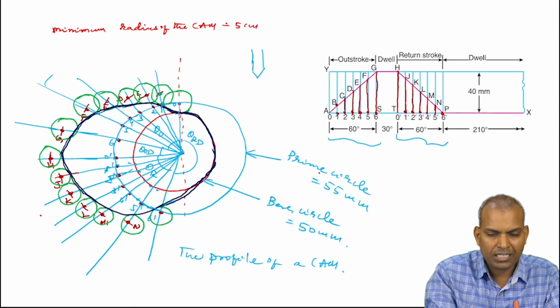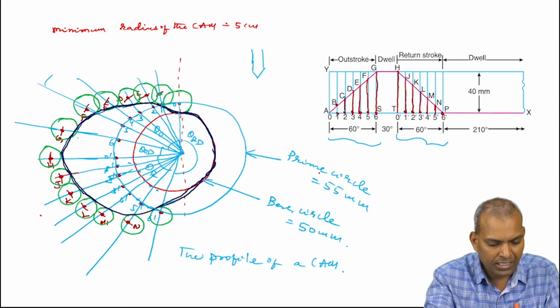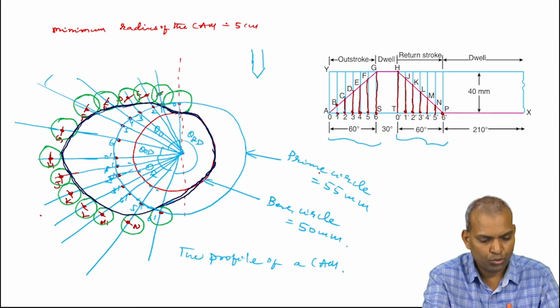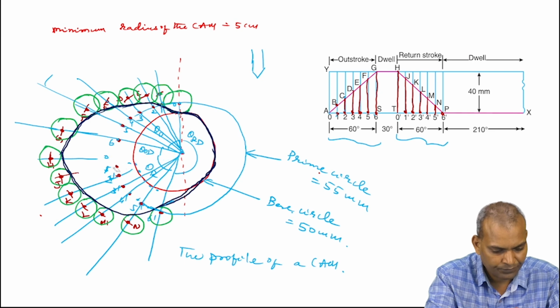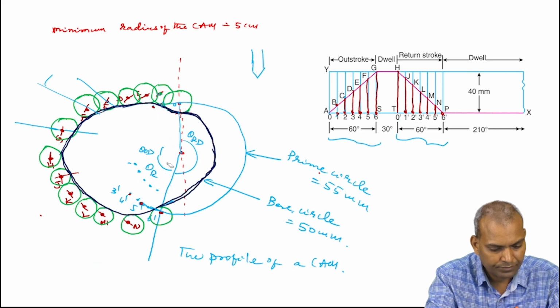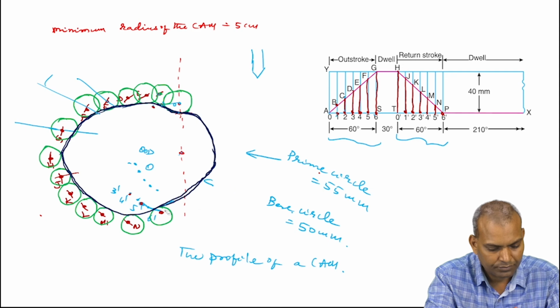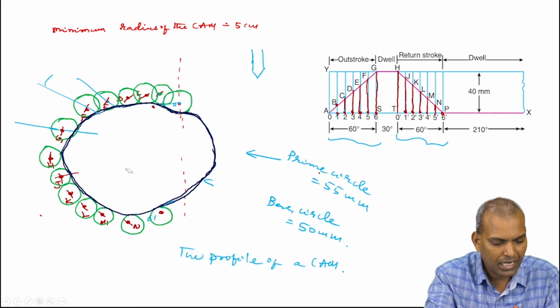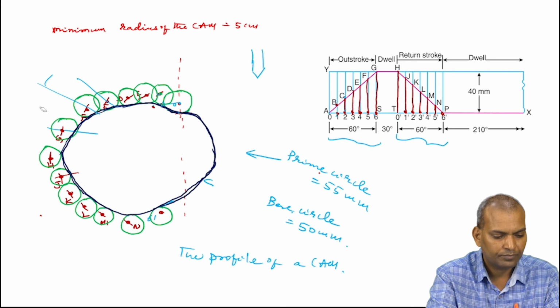Then that is the cam profile. Now finally, if you erase all the radial lines, the cam profile alone looks like this, the cam profile for a roller follower.